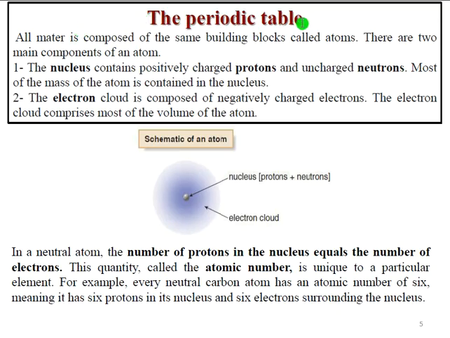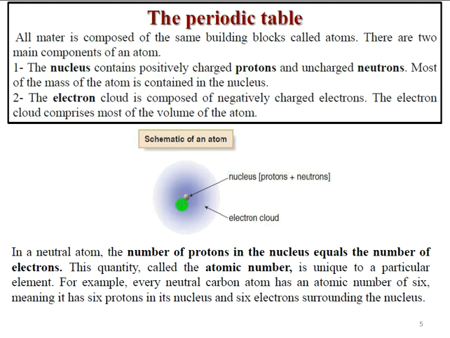The periodic table. All matter is composed of the same building blocks called atoms. There are two main components of the atom. The nucleus in the center contains positively charged protons and uncharged neutrons.